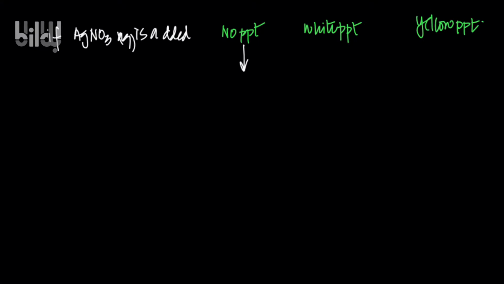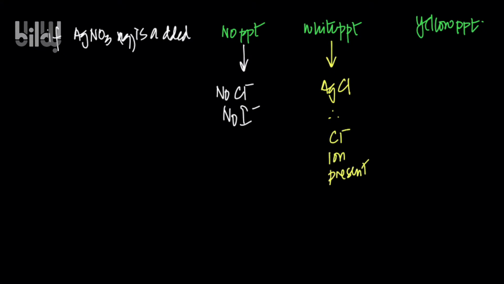No PPT means it has no chloride, no iodide. White PPT means the white PPT was silver chloride, therefore chloride ion present. On adding silver nitrate, if I get a yellow PPT, the yellow PPT is silver iodide, therefore I can deduce that my solution anion is iodide.